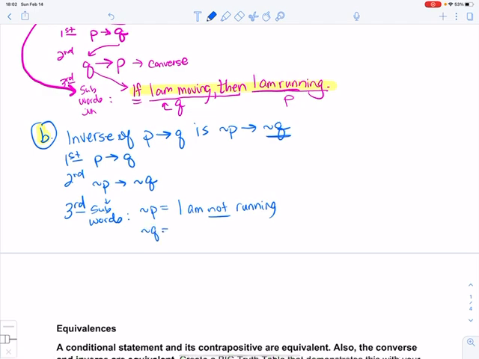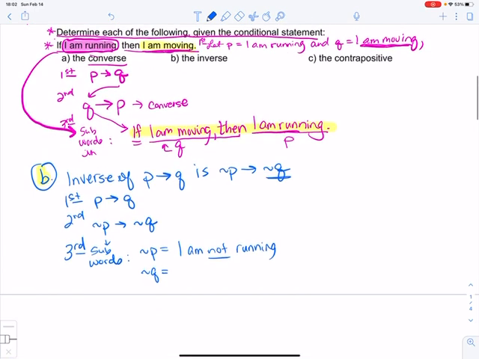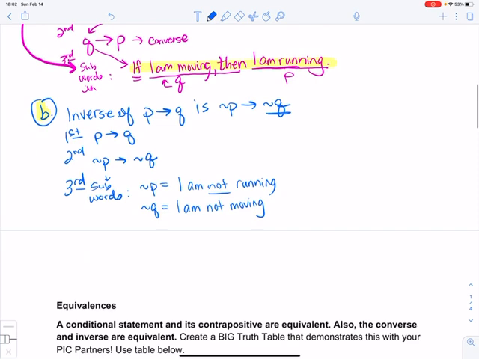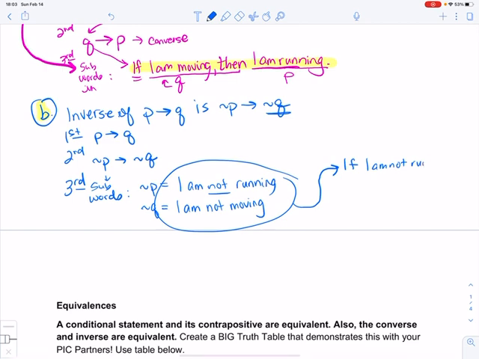The negation of Q is I am not moving. And then you would have to take these two sentences, since P comes first, put it between the if and then. So it would be if I am not running, then I am not moving.